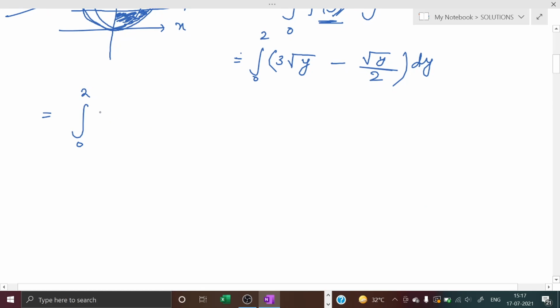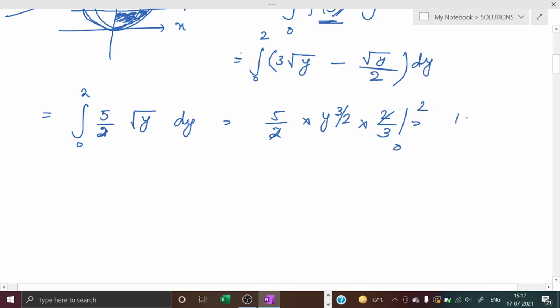5 by 2 under root y dy, that is equal to 5 by 2 y to the power 3 by 2 into 2 by 3, right? And if you put the limits from 0 to 2, it will be 10 root 2 by 3, and this is for one part.